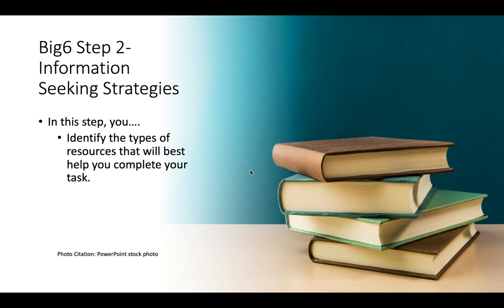All right, for Big 6 step 2, we have information seeking strategies. For this particular step, all that you're going to be doing is identifying the types of resources that will best help you complete your task. What I mean by that is, maybe you're thinking about your research topic and you know that your library has a really great section of books about this topic.